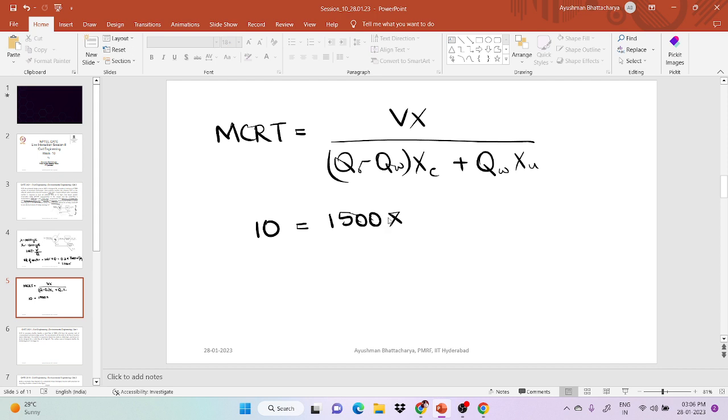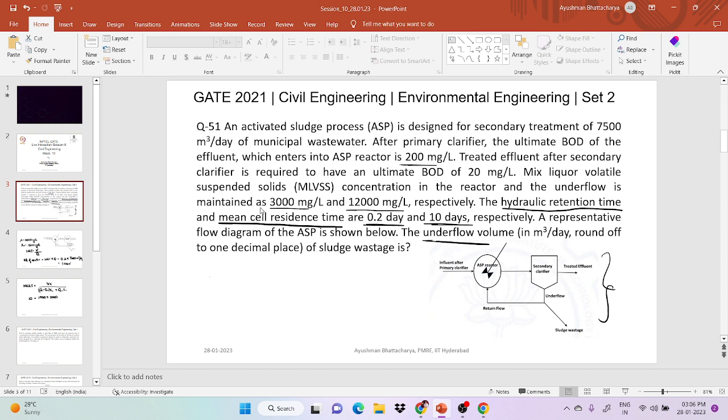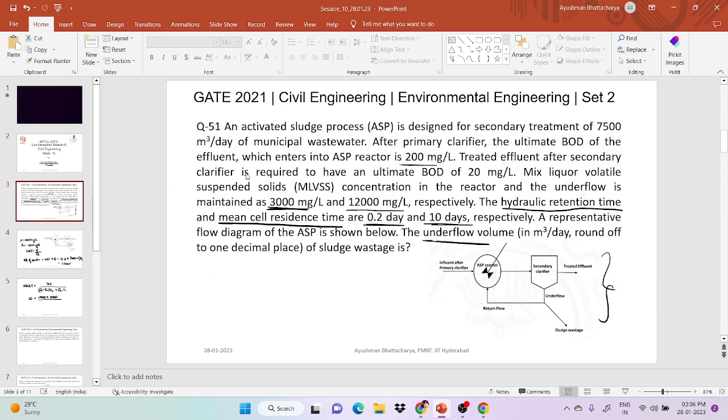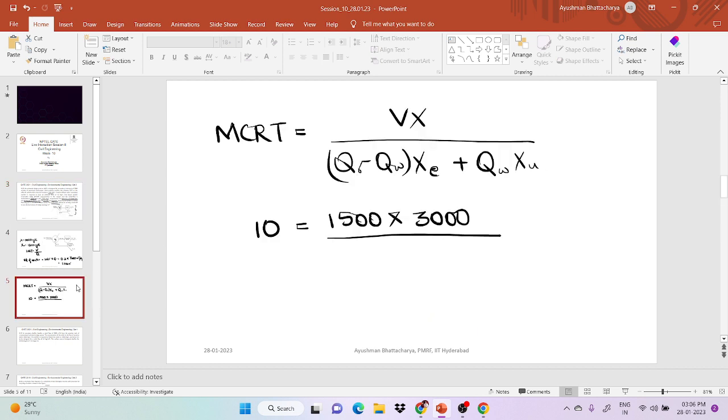The MLSS concentration is 3000 milligram per liter. Now divided by Q naught minus QW, but the concentration of solids in the effluent is not mentioned here, so we assume it is near to 0. So if XE is near to 0, this whole term becomes negligible, and it will be QW XU.